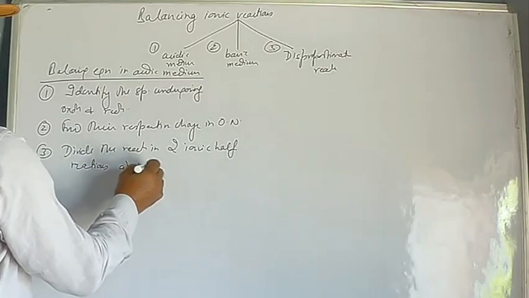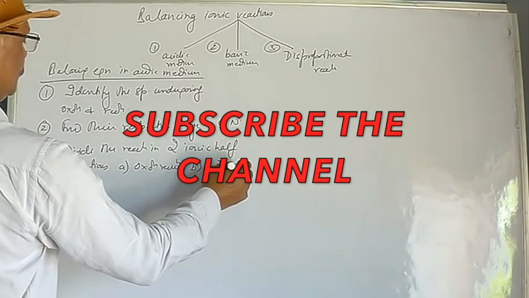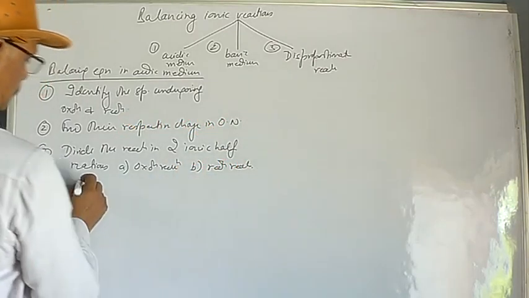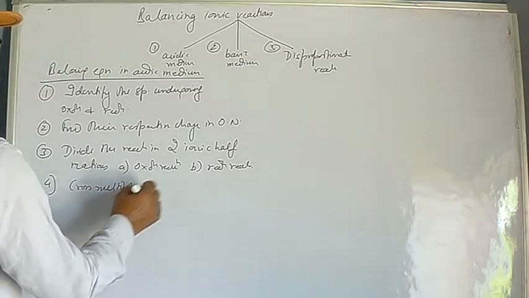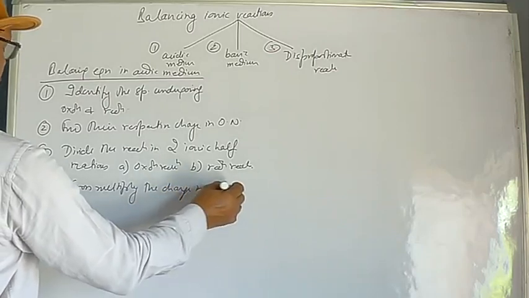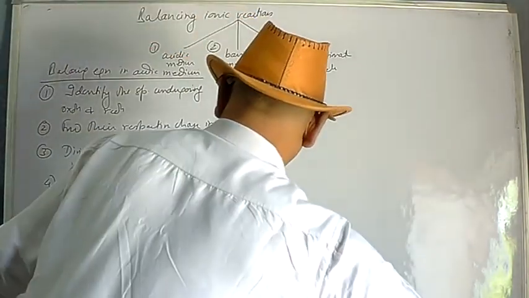that is oxidation reaction, and the second one is the reduction reaction. Cross multiply the change in oxidation number. Add.